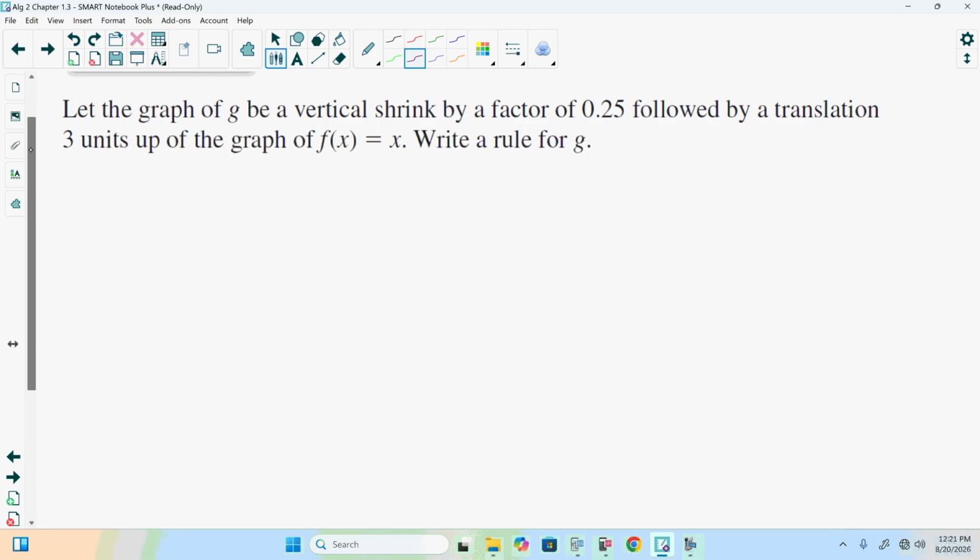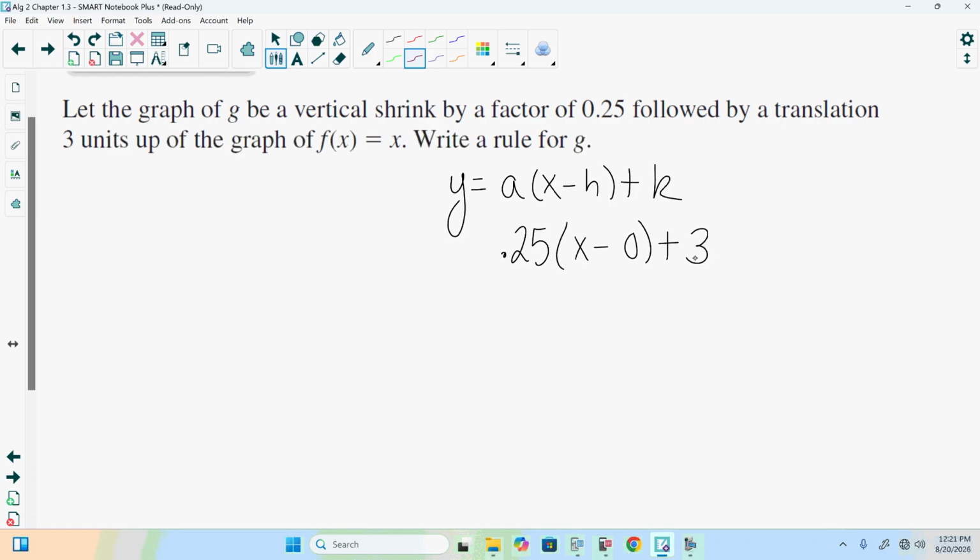Now, some, especially depending on how the questions are written, we could say that this is a linear equation. Don't write this. Because A is our vertical stretch and shrink, so we have 0.25, we have no movement left or right, and we're going up 3, so plus 3.